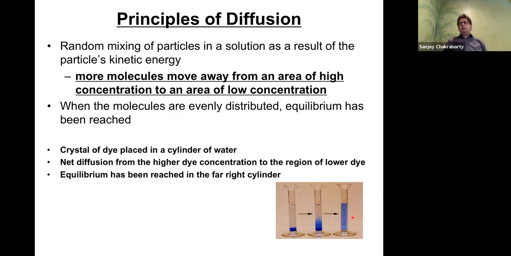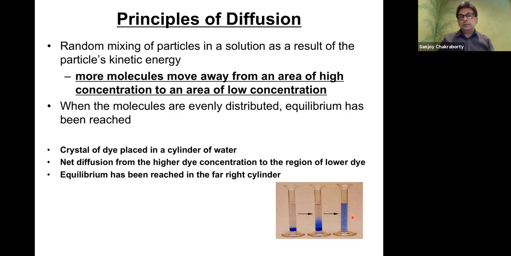Almost all the carbon dioxide molecules will come out, and we call the soda flat after some time, because compared to the soda can the universe is too big, so the molecules keep getting dispersed. Same thing, diffusion. So diffusion is basically the movement of molecules from high concentration to low concentration.